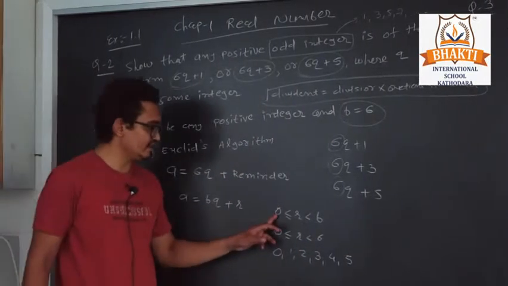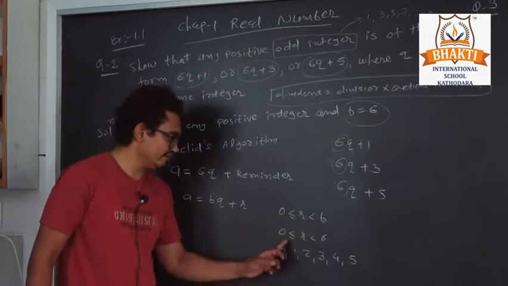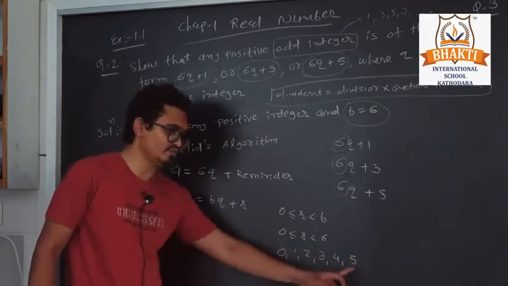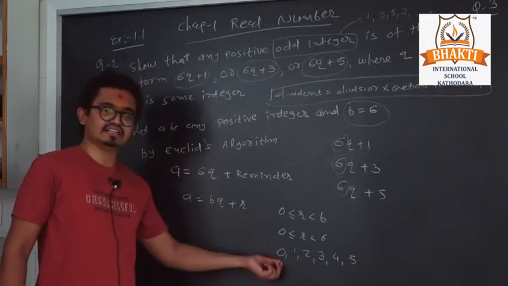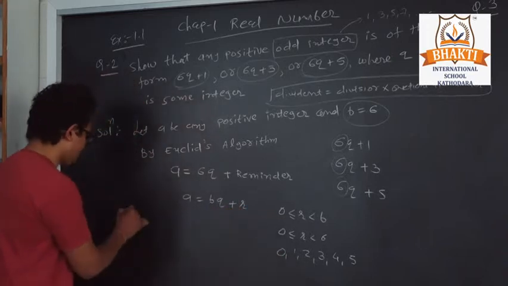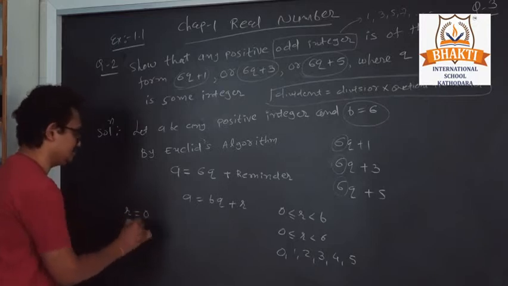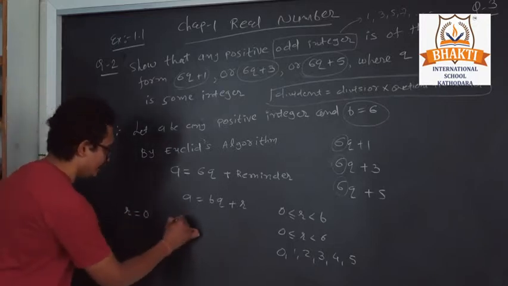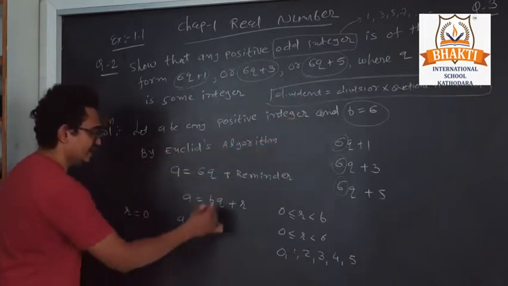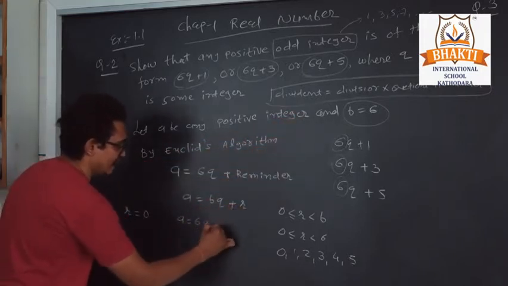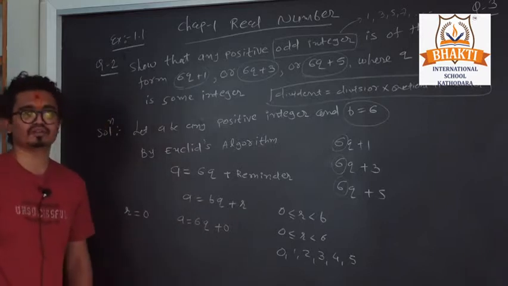So first of all, we consider r is equal to 0. In the first case, r is equal to 0, so a is equal to 6q plus 0, where b is already decided as 6.